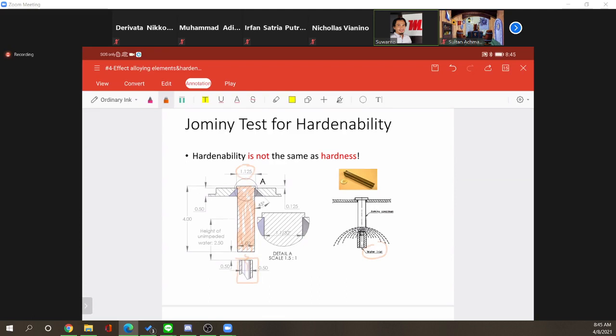It's 0.5 inch, and the distance of the sample is also standardized. The height of unimpeded water is 2.5 inch, and the total length of the sample is 4 inch. So this is the standardized Jominy test.